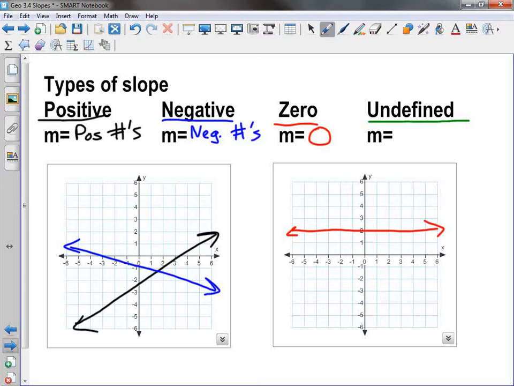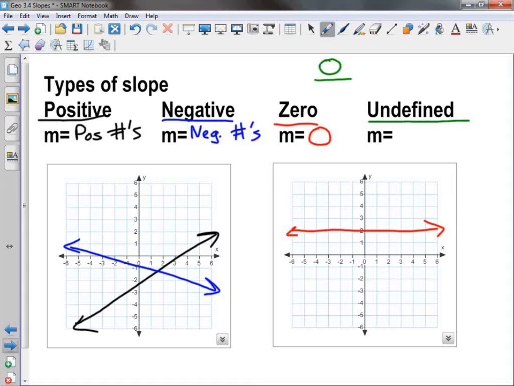Last one, which I'll do in green, is undefined slope. What does undefined slope look like numerically? Numerically. It's nothing. That's graphically, but what about numerically? So if I look at zero slope, zero slope has 0 as your rise, right?